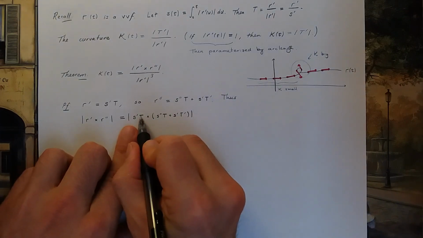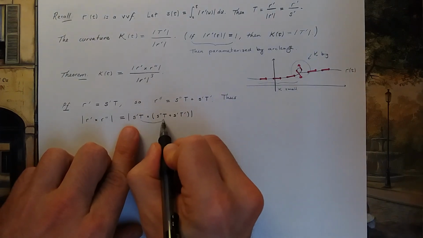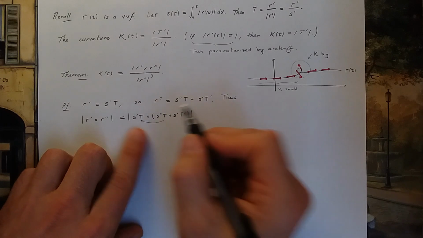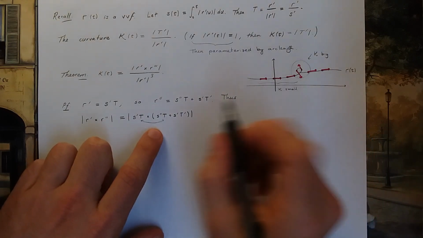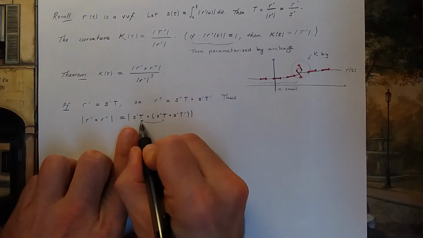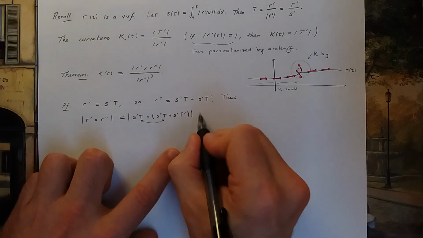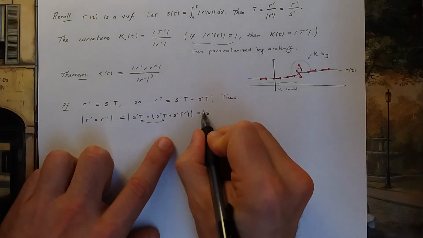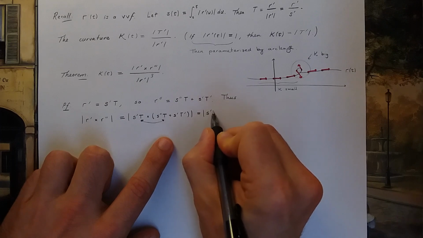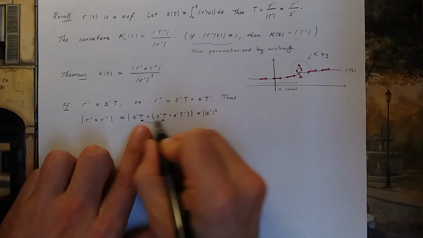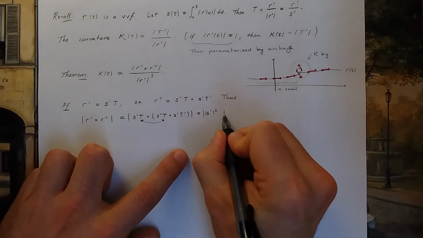Whenever you take the cross product of a vector with itself, you get the zero vector. That's a basic property of cross products. So the cross product of a vector with itself is 0. So this is really the magnitude of s prime squared T cross T prime.